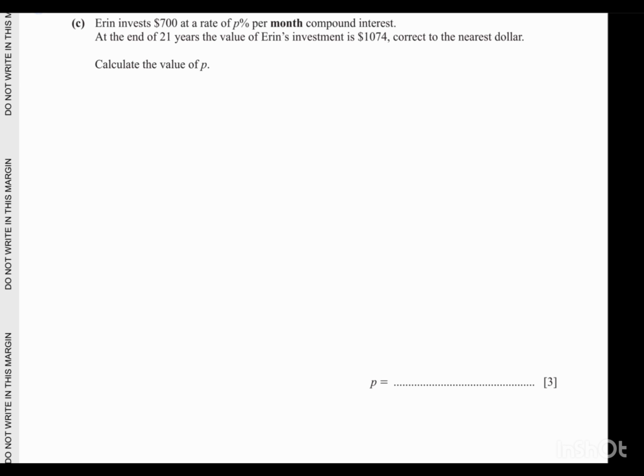So just take the amount, that is 1074 is the amount which he got after 21 years. Then take the formula P into 1 plus P by 100, P is the rate here, we don't know, whole raised to 21 into 12. Now to find out the P value, we have to inverse all the operations here.